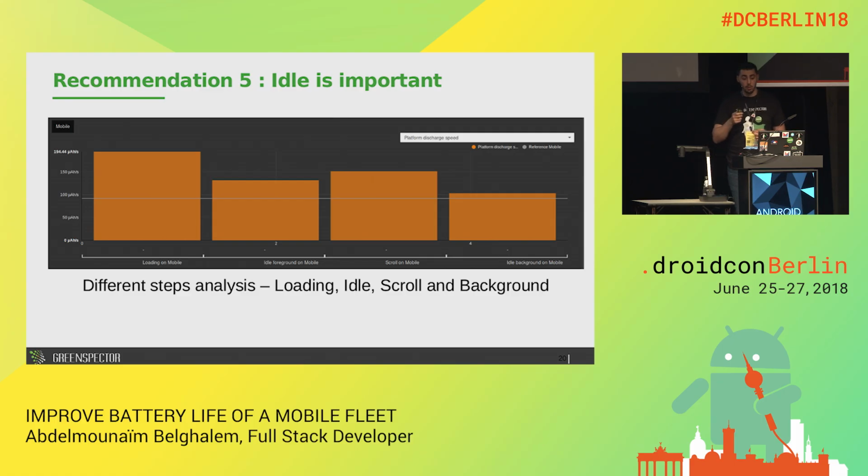The application can be running for 8 hours straight, and most of the time it will be in idle. So reducing the energy consumption of idle phases is really important, and sometimes more important than the loading. If you have an application that you know will be loaded once or twice a day, don't use too much of your development time to work on the loading, and try to work on the phase that really matters, which can be the idle.